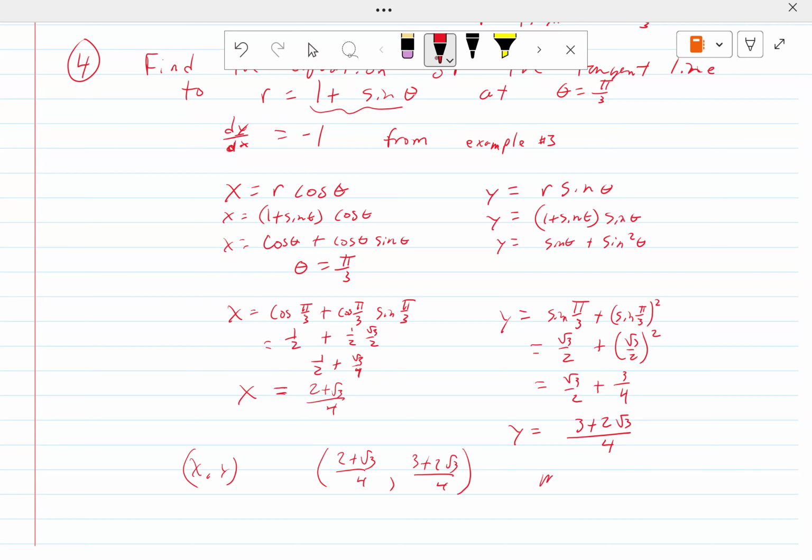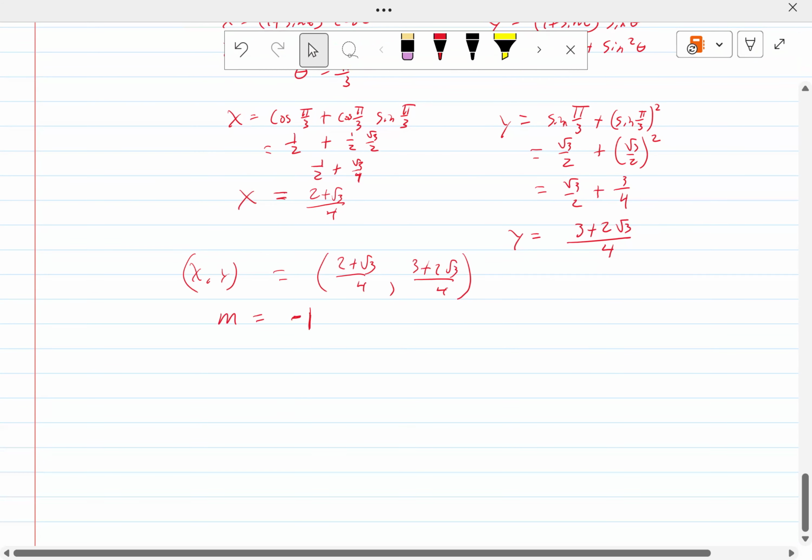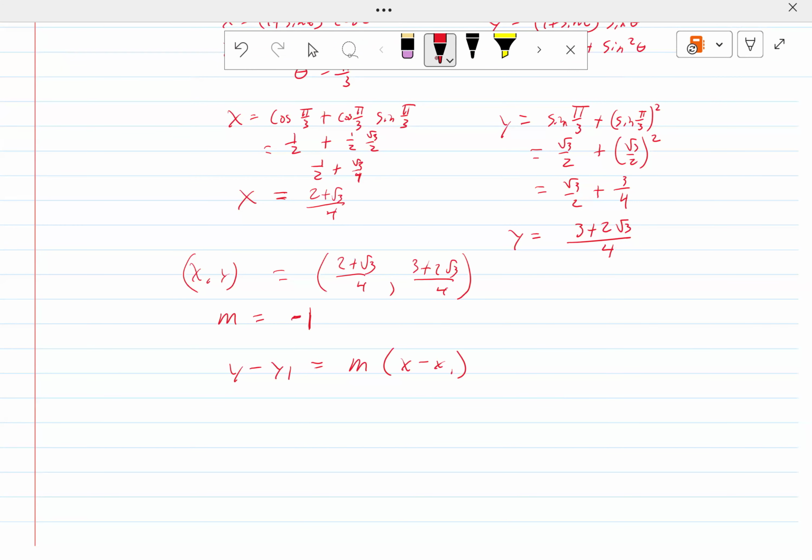And I have a slope. I have a slope at this point of tangency of -1. So now I can just use the point-slope form. I get y minus y1 is equal to m times x minus x1.